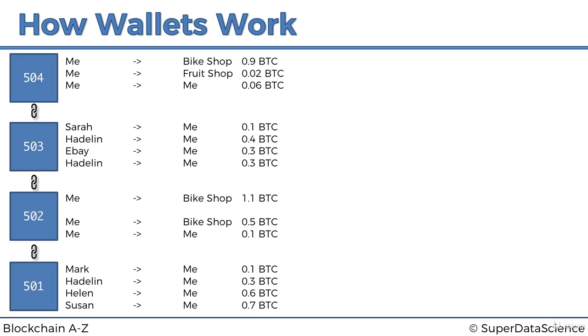Where does that balance come from? Does the wallet store that balance? Is there a centralized system? Well, actually, no. What the wallet does is calculate the total UTXO that's available to you, and it shows you that, and it calls it the balance.